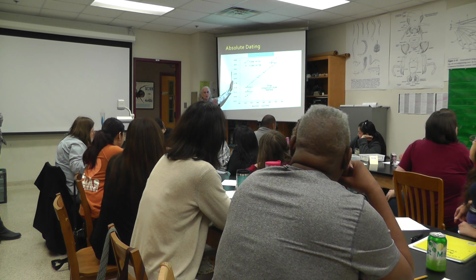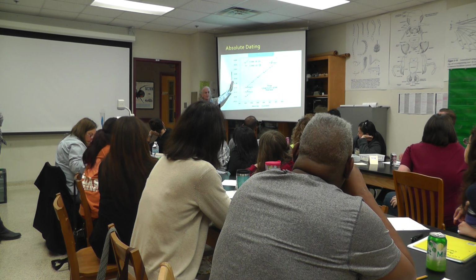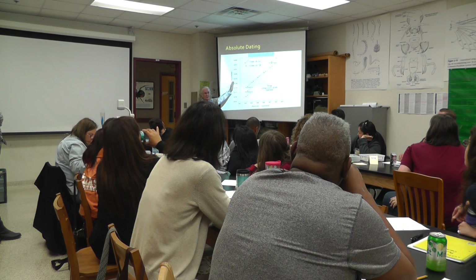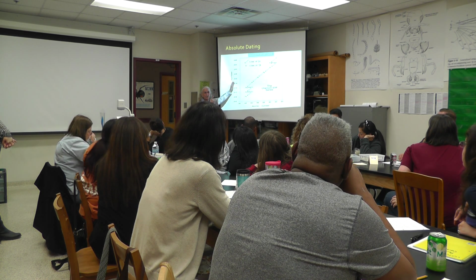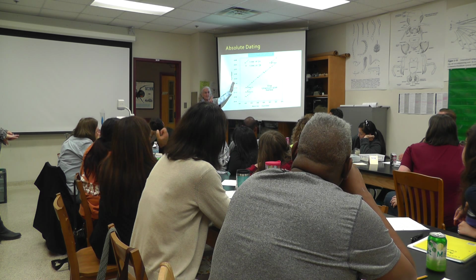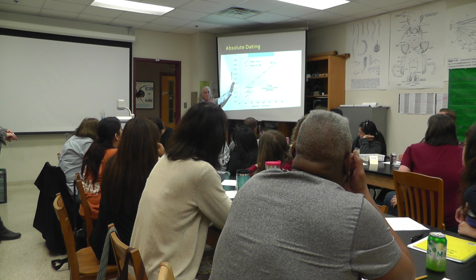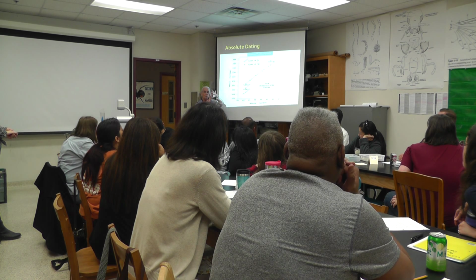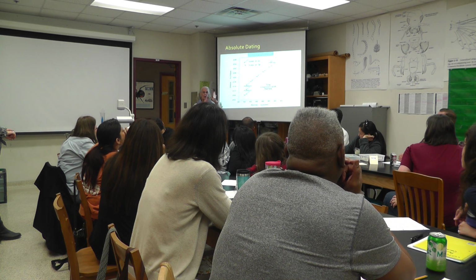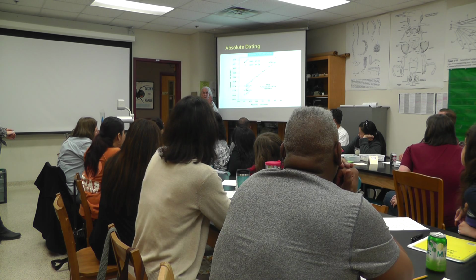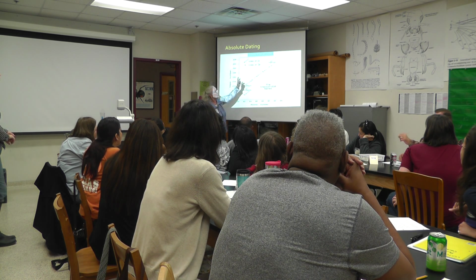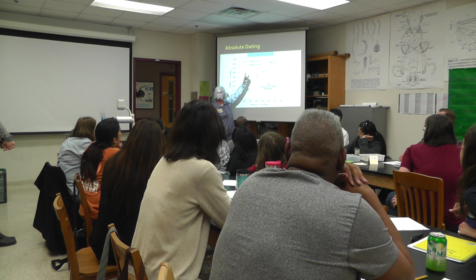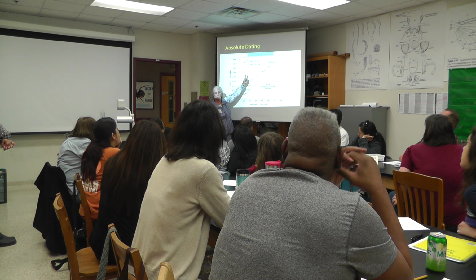Protons and neutrons, just the nucleus. The electrons are negligible. They're so tiny that they don't make any difference. And as it happens, a proton and a neutron have approximately the same mass. That's because a neutron is made up of one proton and one electron that are attracted to one another. Okay? And so, two things happen. You can lose an alpha particle and you can lose a beta particle.